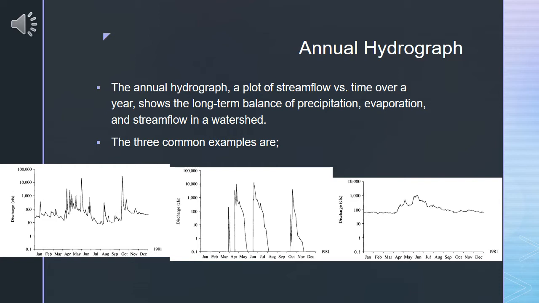There are three common examples shown in the figure. On the left side of the figure, by the months, there are spikes when a storm occurs.